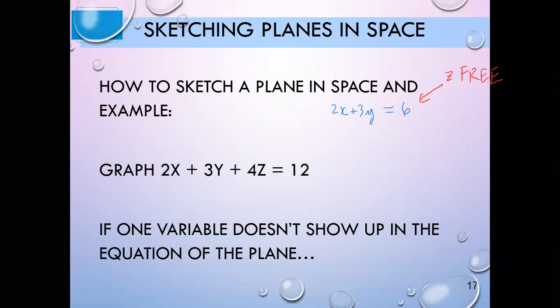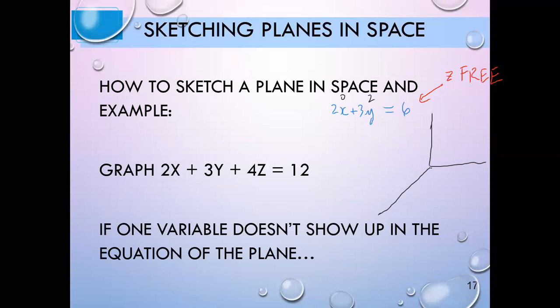So the way that that's going to play out is when we go to sketch this, watch. So let me just say, okay, here's X, Y, and Z. So look, I'm just going to sketch a couple of things. For instance, if X is 0, then what's Y? 2. So that means like 0 to anything, right? 0 to any Z value is going to be on the plane.